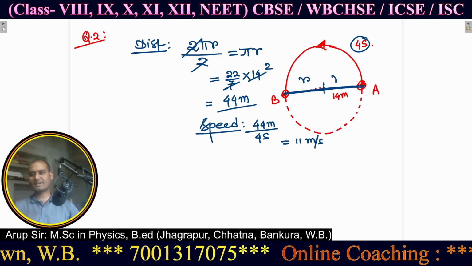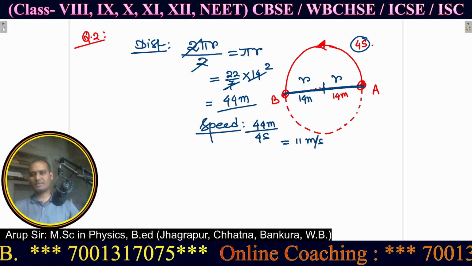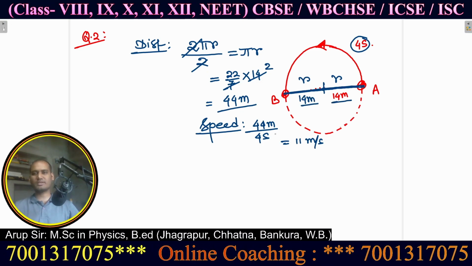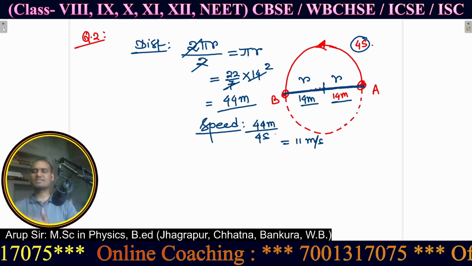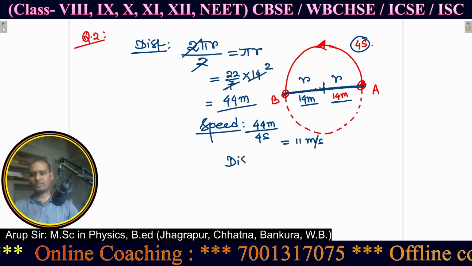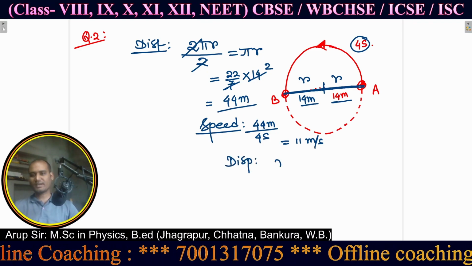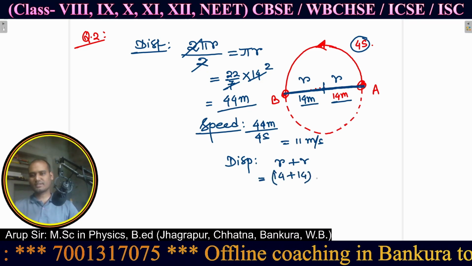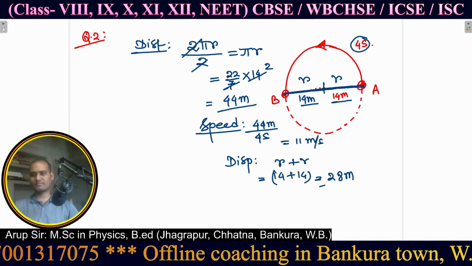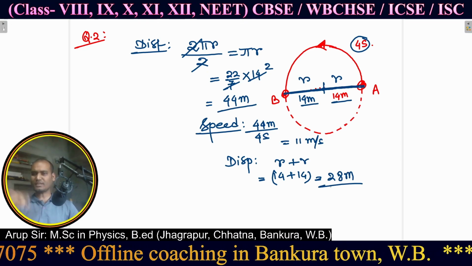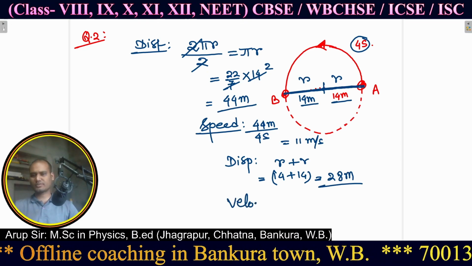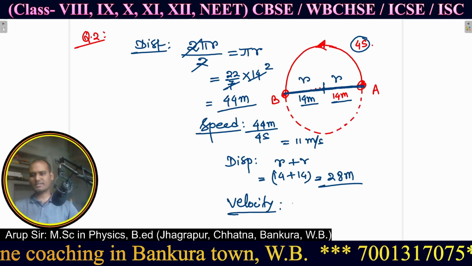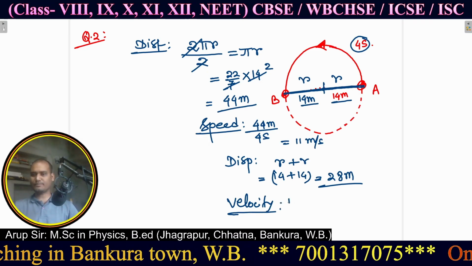The radius is 14 meter, so 14 plus 14 will give you the whole diameter, which is 28. So the value of displacement is r plus r, means 14 plus 14, which is 28 meter. Simple displacement. Now you can also calculate velocity. Velocity is displacement by time.